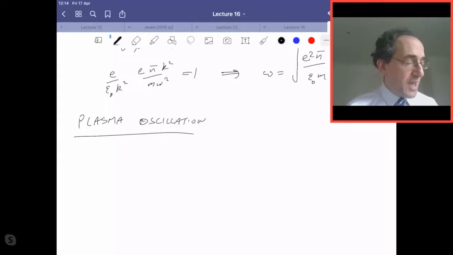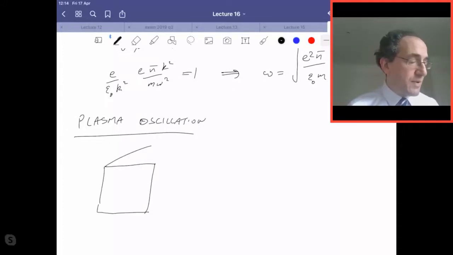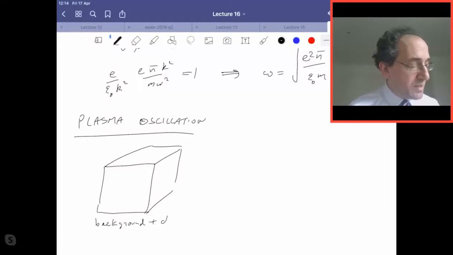You start with a chunk of your metal, which we think of as having background positive charge and mobile negative charge, and then you displace the charge.